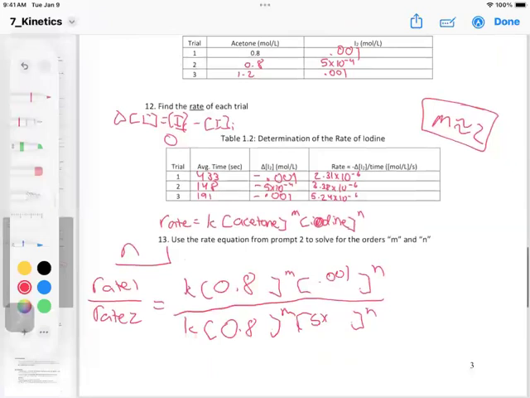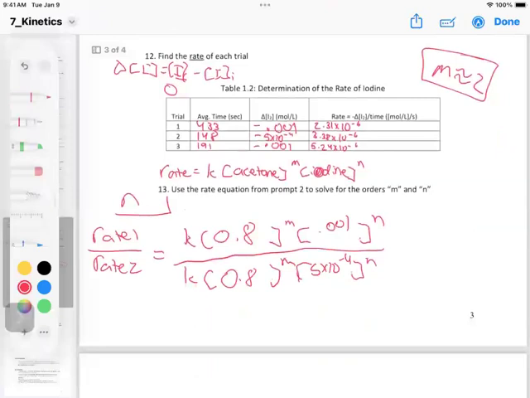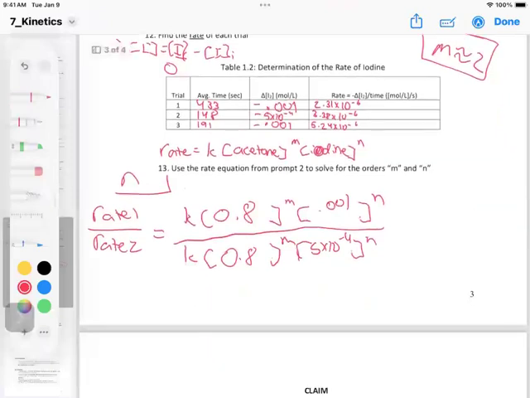And trial 2 is 5 times 10 to the negative 4. So things that are the same will cancel out. So we'll simplify this out a little.